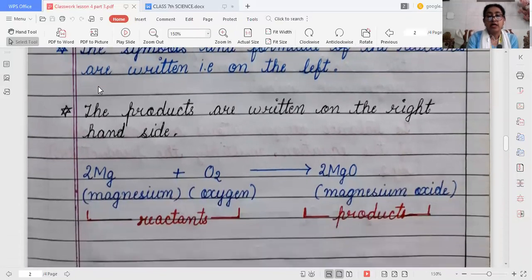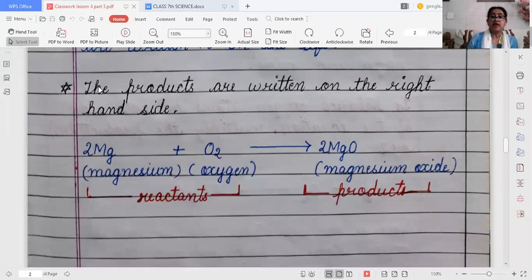Now again one more example, that is when magnesium reacts with oxygen, it forms magnesium oxide. Means magnesium and oxygen are reactants, which are written where? On the left hand side. Magnesium oxide is a product, which is written on the right hand side.